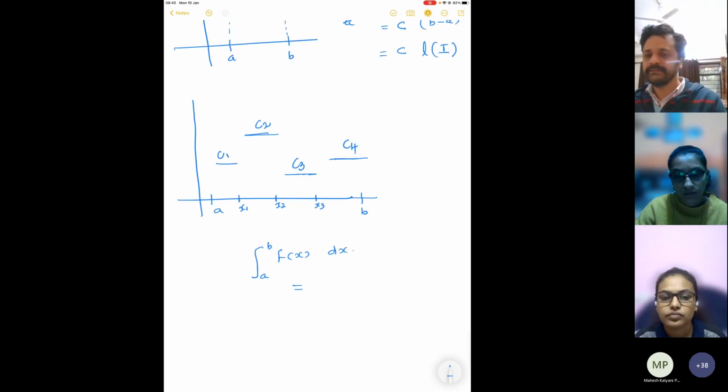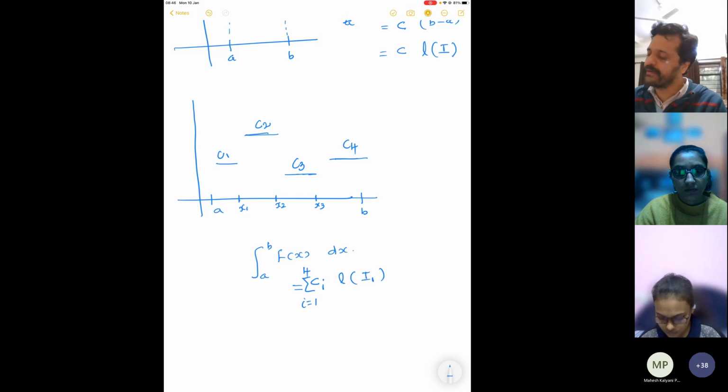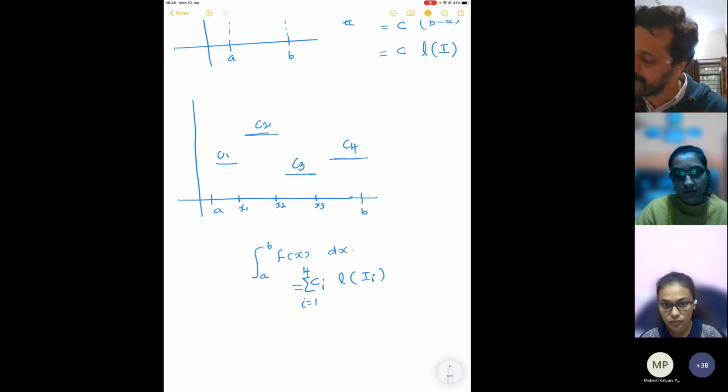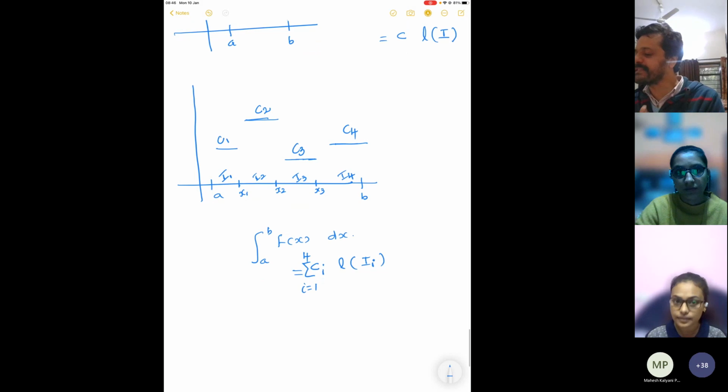Then what will be the area under this curve? c1 times L of I1 plus c2 times L of I2 and so on. Sigma i equal to 1 to 4 of ci L of Ii, where by Ii I mean these intervals. Are you with me? Again, you can see that the length, the measure, comes in.